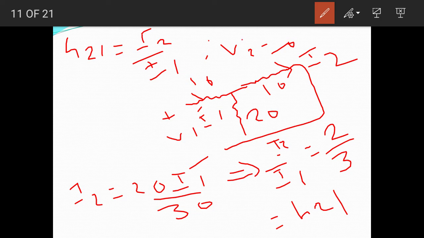Next parameter is H22. The value of H22 is I2 upon V2 when I1 is equal to 0.